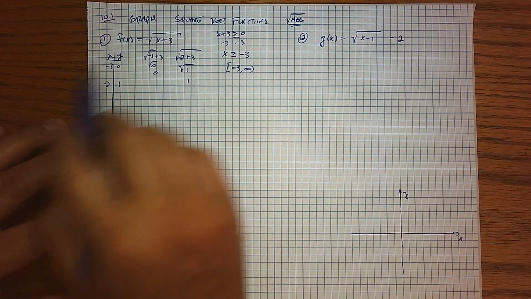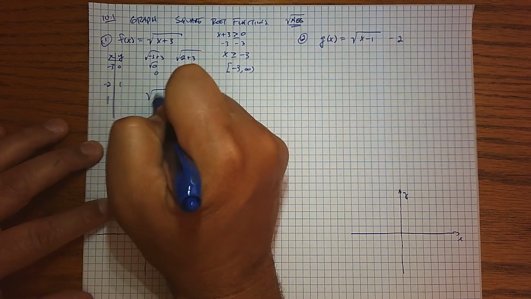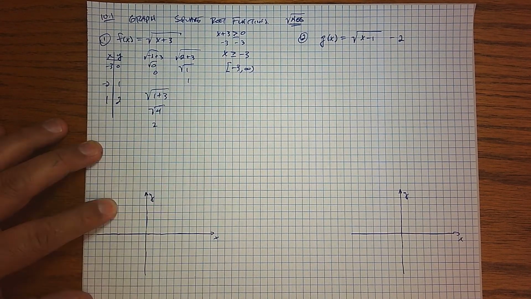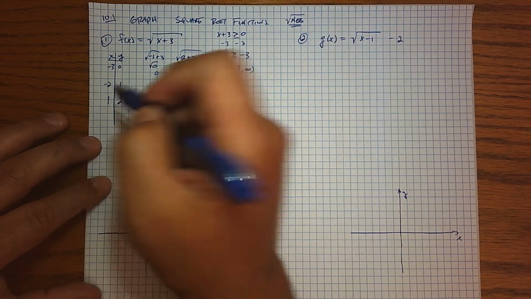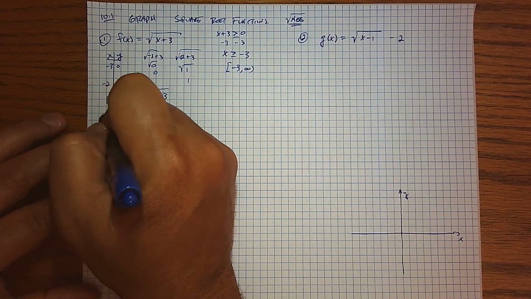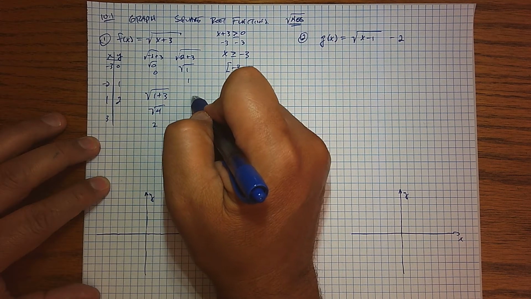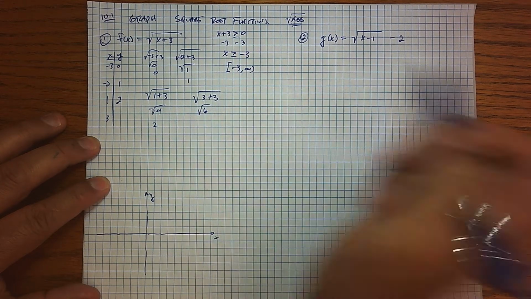If I thought ahead, another nice value will be positive 1, because the square root of 1 plus 3 becomes the square root of 4, which is 2. All right, and even if we were unlucky enough to put in a value that's not nice, maybe my favorite number is 3. Then we're looking at the square root of 3 plus 3, which becomes the square root of 6.